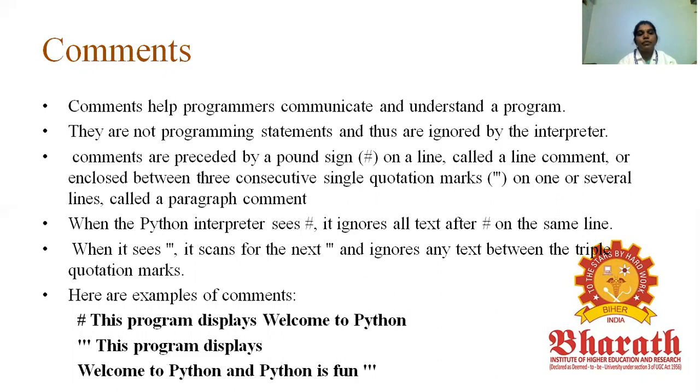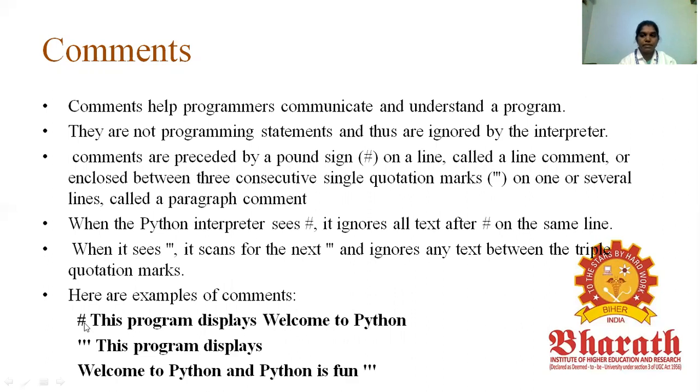So what is the use of comments? Comments are used to help programmers communicate and understand a program. Whatever description you want to add, you can use comments and add all the messages. In this example, this program displays welcome to Python.